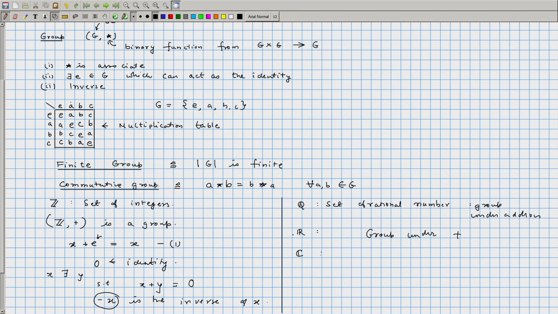Of course, because there is a subset relationship between Z, Q, R and C, if you restrict the addition on complex numbers to just the set of rational numbers, then of course we are talking about the same operation.